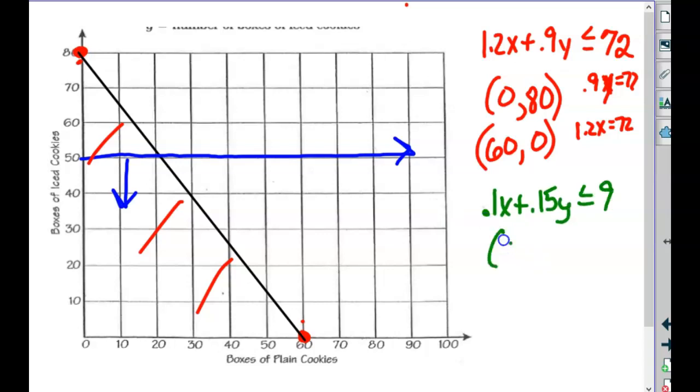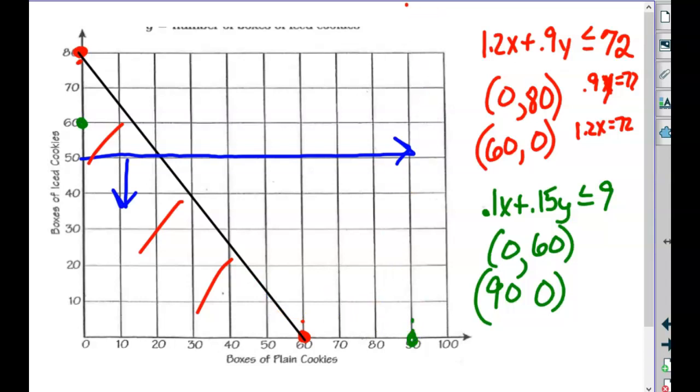Okay, if I put a 0 in for x, what's 9 divided by 0.15? If I put a 0 in for y, 9 divided by 0.1 would be, okay, so over 0 and up 60, or over 90 and up 0.